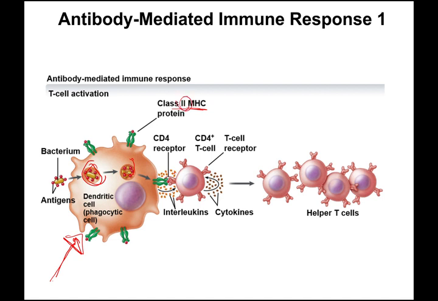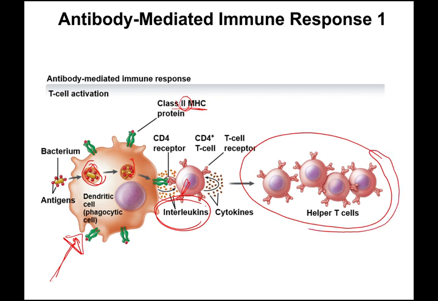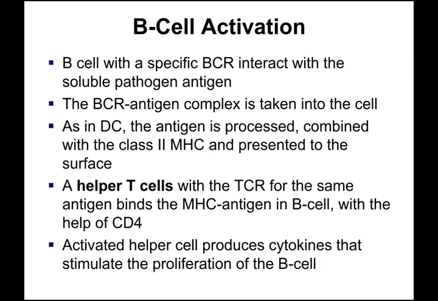This leads to the formation of interleukins, which then stimulate these CD4 positive cells. The CD4 receptor is necessary here to expand and become helper cells. As the name says, helper cells are cells that help the B cell, activating the B cell.